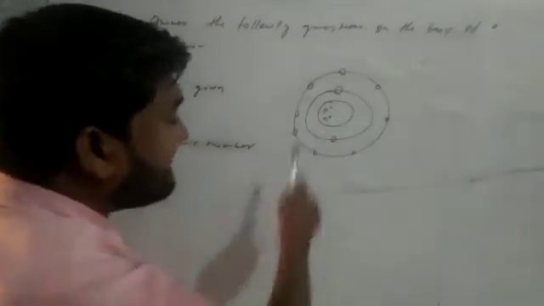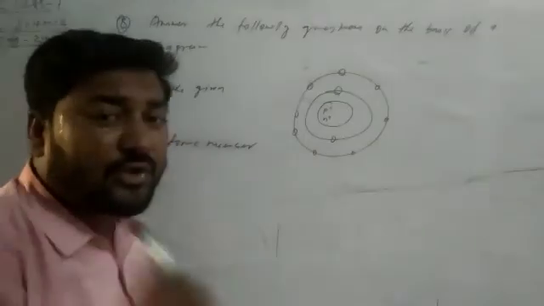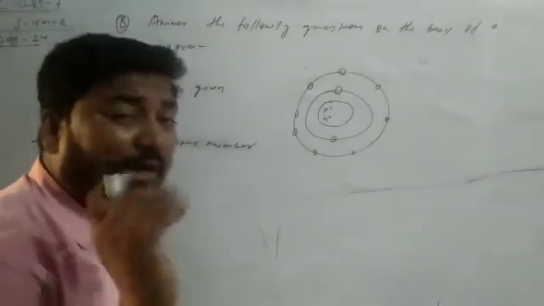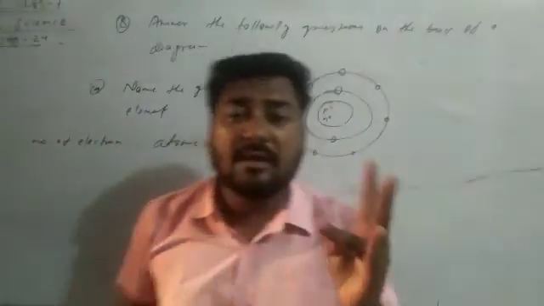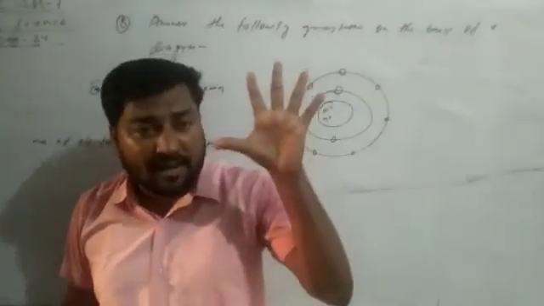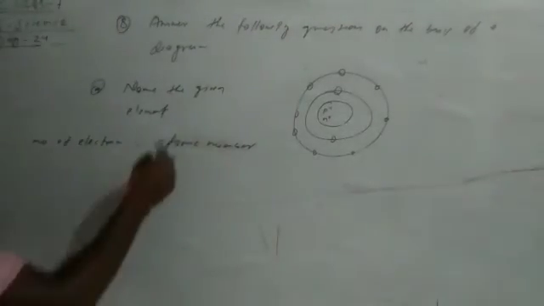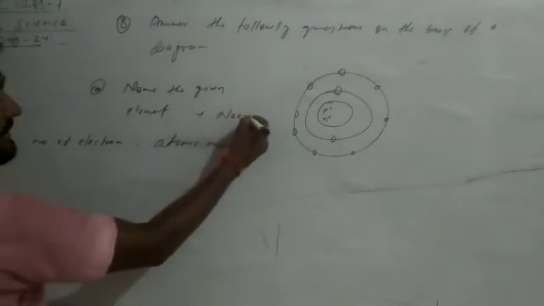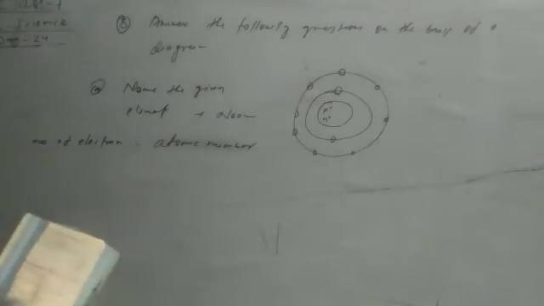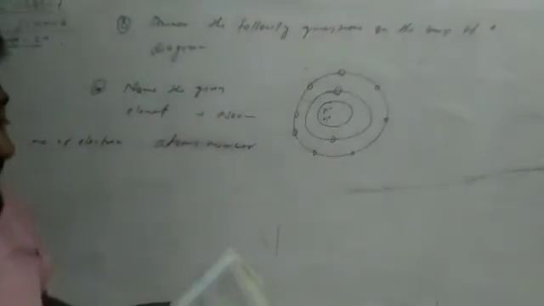In the last orbit there are 8 electrons and in the first orbit there are 2. So 8 plus 2 is 10. So count 10: hydrogen, helium, lithium, beryllium, boron, carbon, nitrogen, oxygen, fluorine and neon. So it is neon. You can write the answer: it is neon.